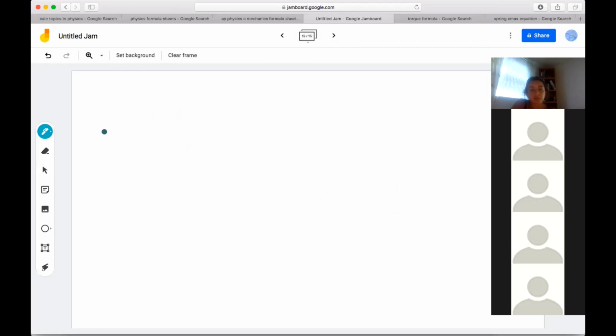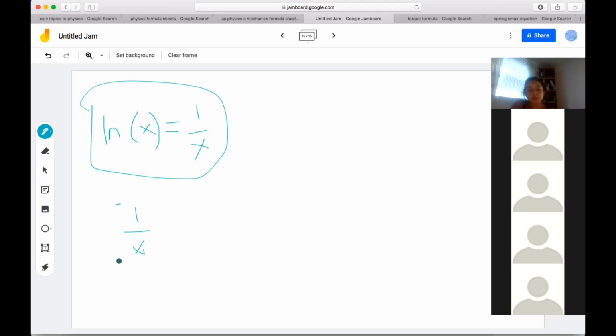So the basic rule is the derivative of ln of x equals 1 over x. You should memorize this because it's very useful. Let's say we're taking the integral. If you see 1 over x, you should immediately recognize it as ln of x. So the integral of 1 over x equals ln of x.